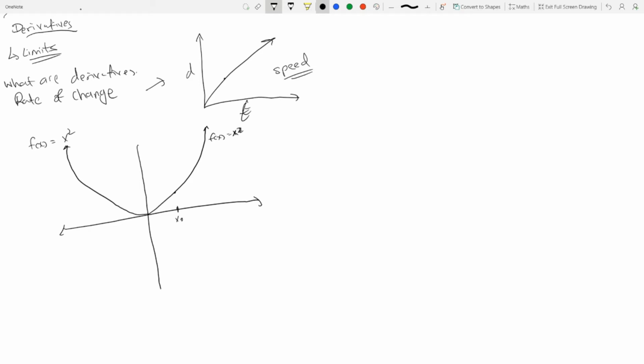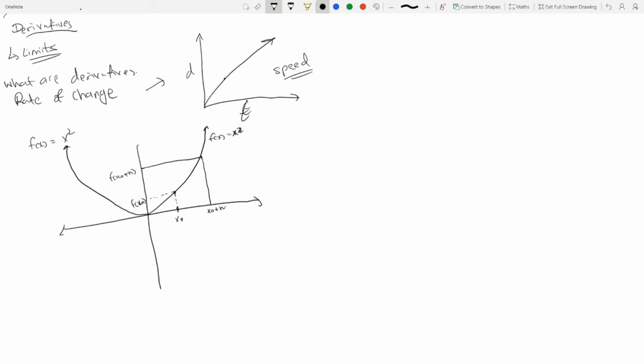So in this case, this would be f of x naught, right? And then at a certain distance, right here, we had x naught plus h. Okay, and then we had f of x naught plus h.